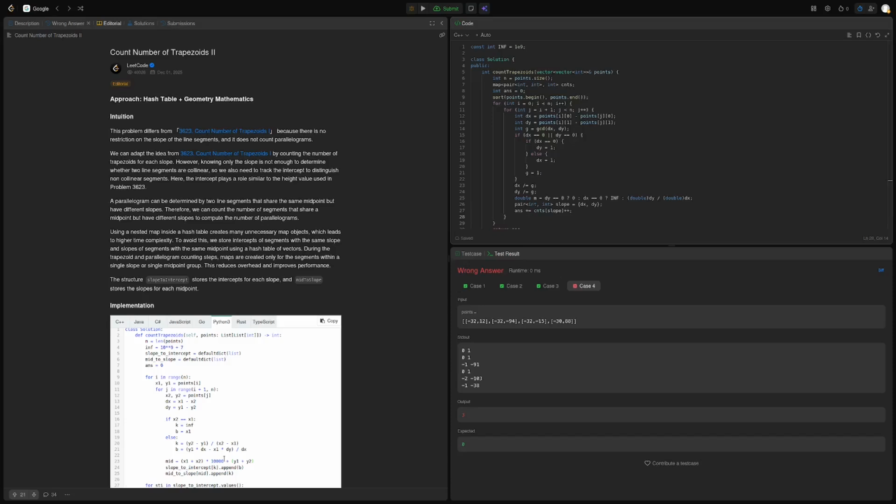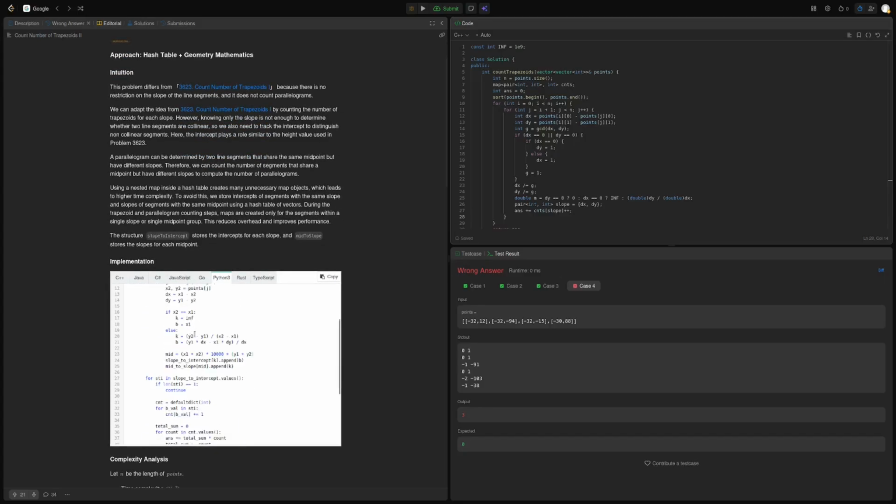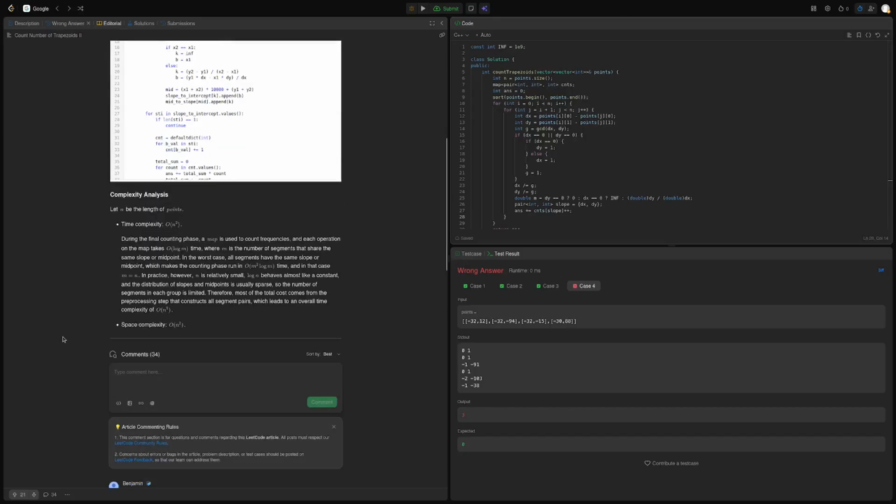What is this midpoint math? I don't understand it.